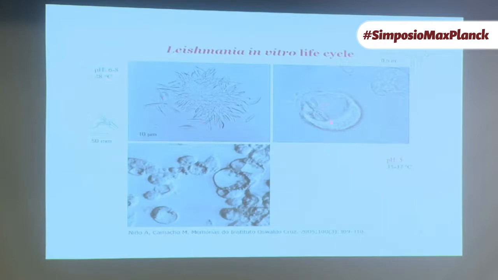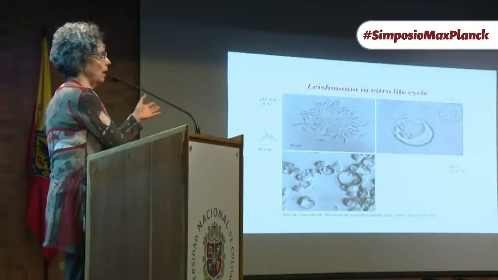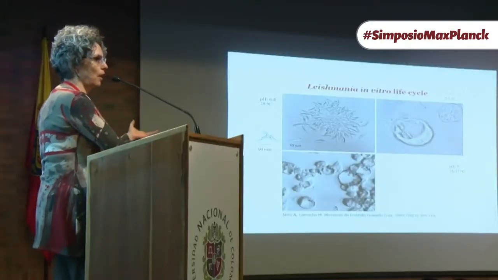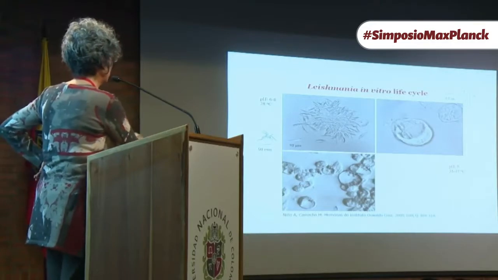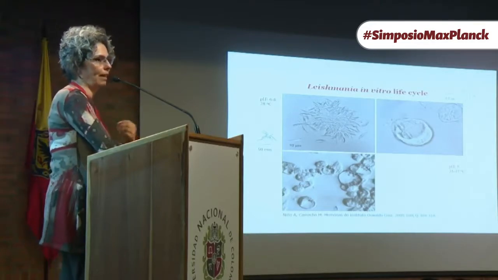But when it gets into the macrophage, the parasite is exposed now to a very low pH. In terms of the cellular niche, this is more or less hell. That's where Leishmania thrives, and somehow it's really well adapted. So our questions are around how it is that this parasite tolerates this really big change of pH, and what mechanisms allow it to do so.